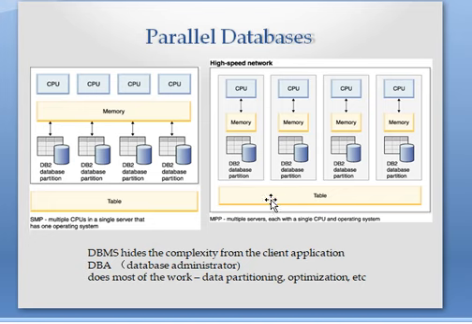Or you could use different CPU machines. You can imagine different machines processing: one partition is processed on one machine, the next partition on another. The DBA, the database administrator, does partitioning, optimization, etc. This gives us cost efficiency in processing data.